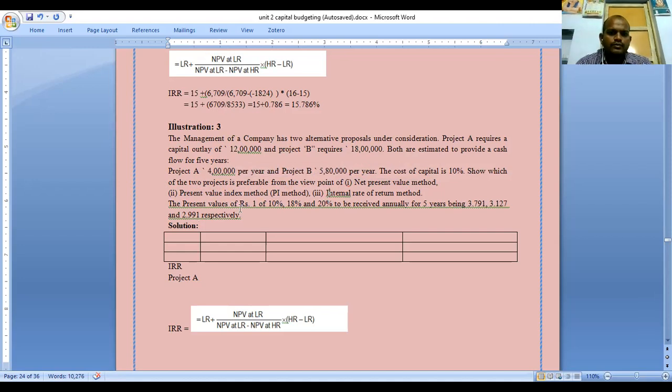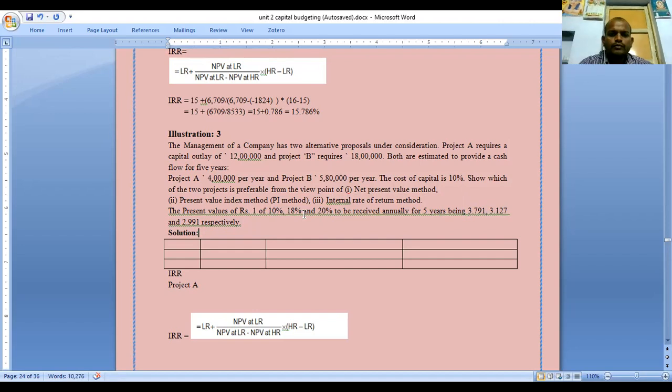The present values of rupees 1 at 10%, 18% and 20% to be received annually for 5 years being, so these are the present value of annuity factors of these respective percentages, respective cost of capitals.